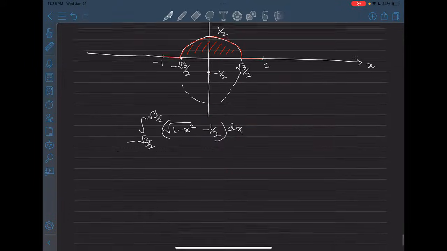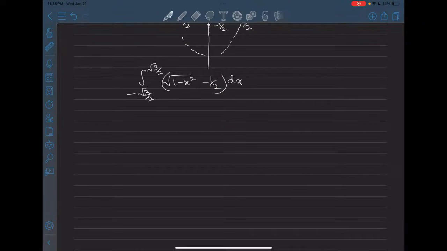And then over here, because this is an even function, I can write this as 2 times the integral from 0 to root 3 over 2 of square root of 1 minus x square, and then there's this minus half. So for that minus half, I can just integrate it. So half times that will be root 3 over 2 if I just integrate it right now.